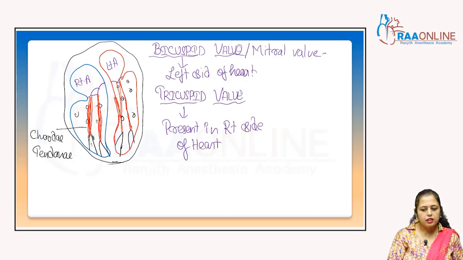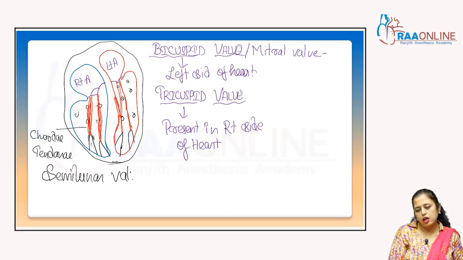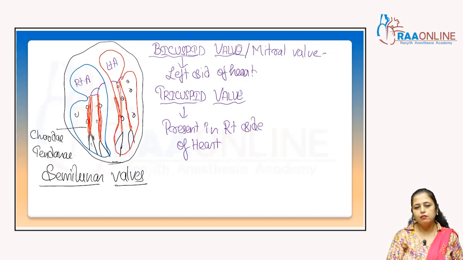Clear? Now there are some other valves also, that is the semilunar valves, right, which are present in the pulmonary trunk and aorta respectively, called the pulmonary semilunar valve and the aortic semilunar valve.